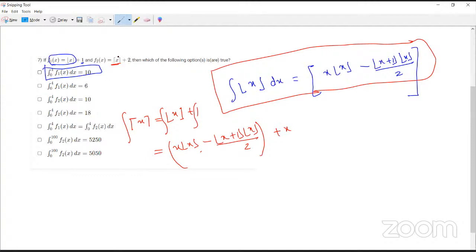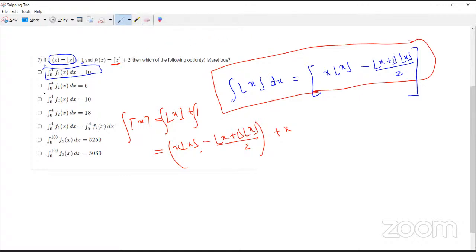So if I want to do the integration of f2 of x, I can write the integration of this plus integration of 2 dx, right? Can you explain this once?